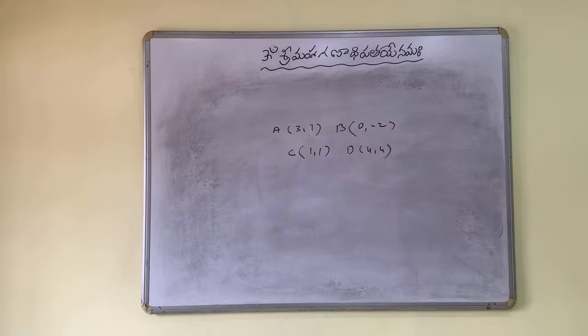Very good. If the midpoint of AC and midpoint of BD are equal, then we can say that it is a parallelogram, because in a parallelogram diagonals bisect each other.